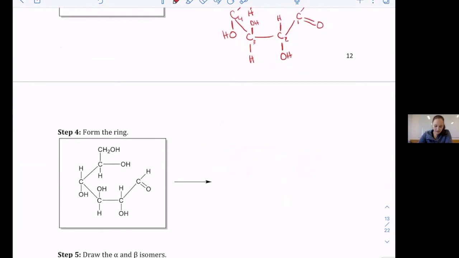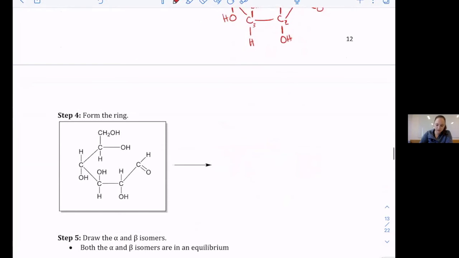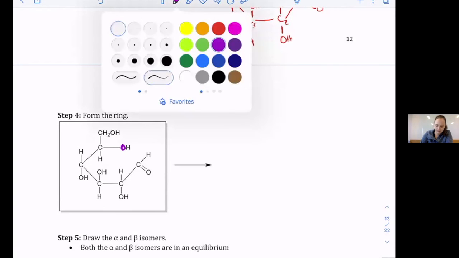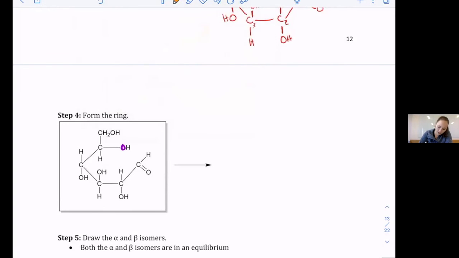And the last one, we're going to form the ring. So let's go ahead and add our purple oxygen back in. And what we're going to do is connect, let's do orange, this oxygen to this carbon. And then this double bond, we're going to get rid of the double bond.